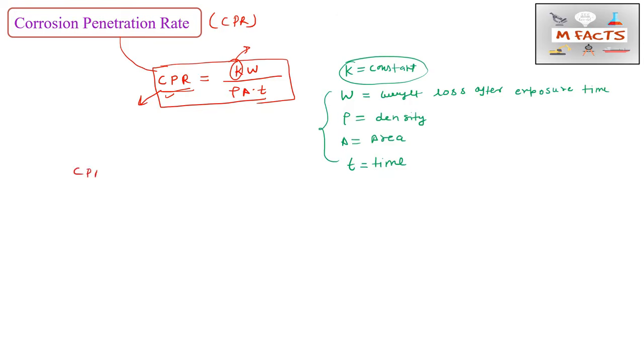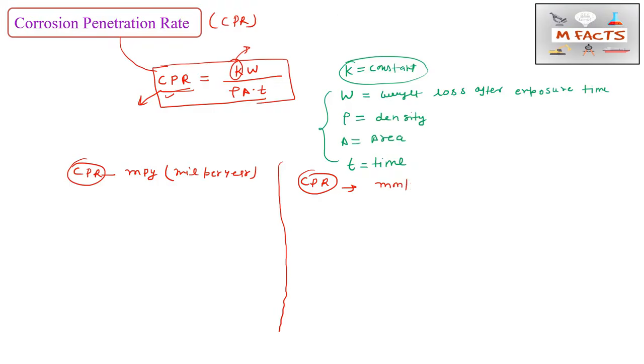Suppose we want to calculate CPR in mils per year, that is MPY. A mil is equal to 0.001 inches.